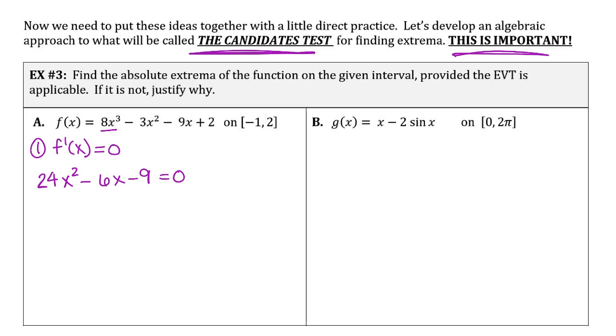Now we're back to factoring. We're going to go all the way back to our Algebra 2 days. The first thing I can divide out of each term is a 3, so let's go ahead and reduce that. So I have 8x squared minus 2x minus 3 equals 0.